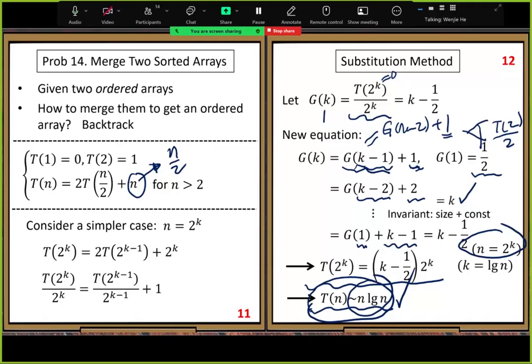So what's the best case? If you change n to n over 2, that's the best case. Can you use the same way? We only need to modify our current method slightly. Can you apply this in a similar way and estimate T of n?